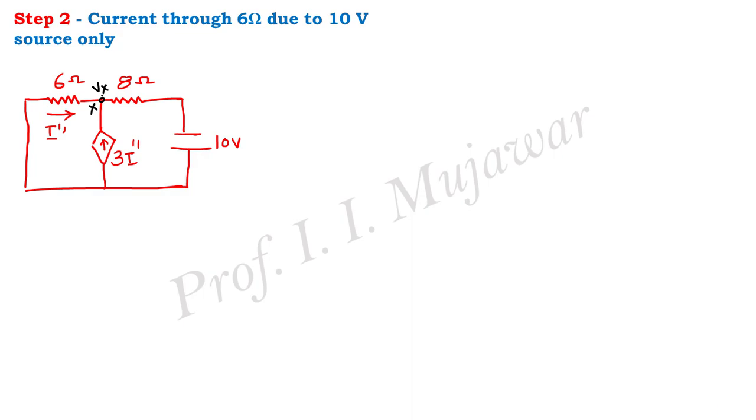With this point at potential Vx, the incoming currents are I double dash and 3I double dash, and the current leaving is I. So the sum of incoming currents, I double dash plus 3I double dash, is equal to I. So 4I double dash is equal to I, which is (Vx minus 10) divided by 8.